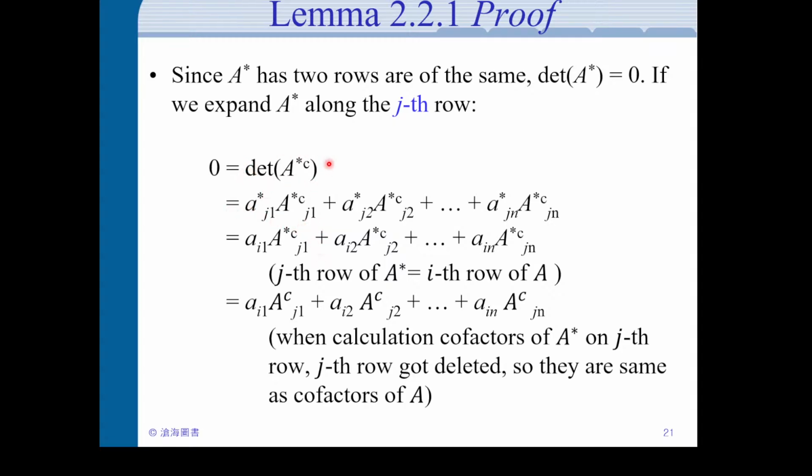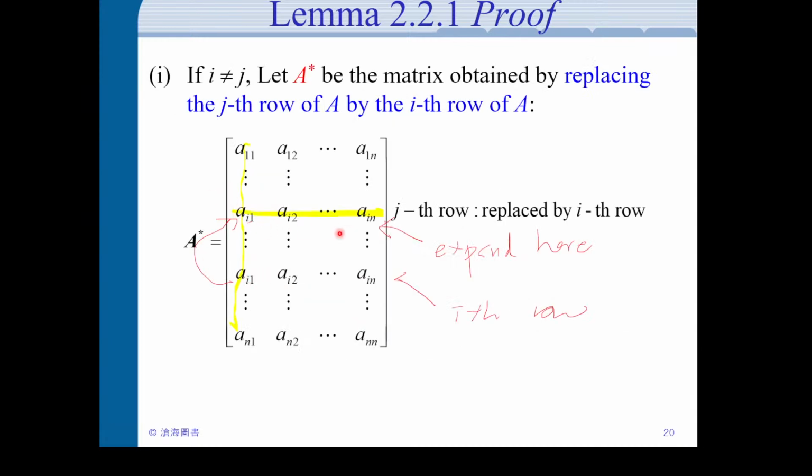So you would expand the covector of A star on the jth row. You have A star J1, then A star CJ1, and A star J2, A star CJ2, etc. And A star JK is just AJK because that's how we have it. So those are just AI.